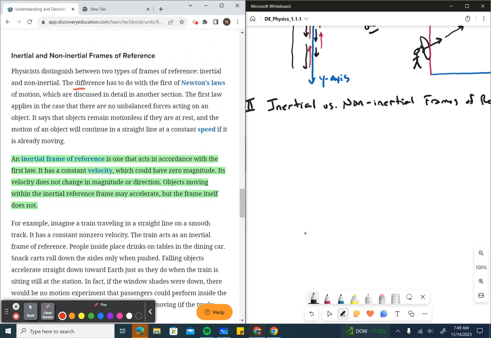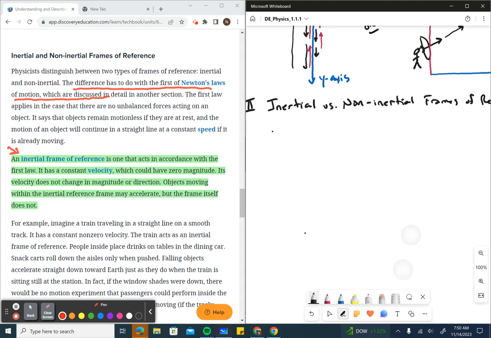The difference has to do with the first of Newton's laws of motion. The first law applies in the case that there are no unbalanced forces acting on an object. It says that objects remain motionless if they're at rest. That has to do with the inertial frame of reference, which is one that acts in accordance with the first law.